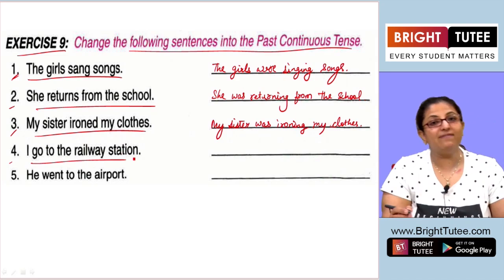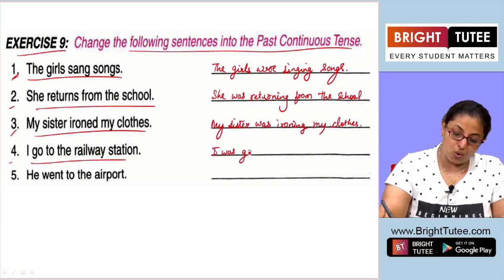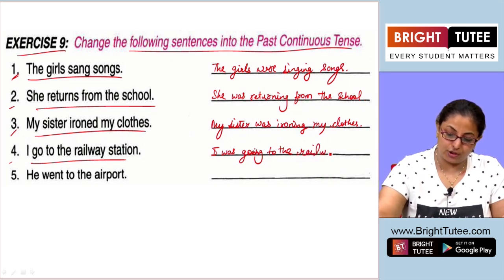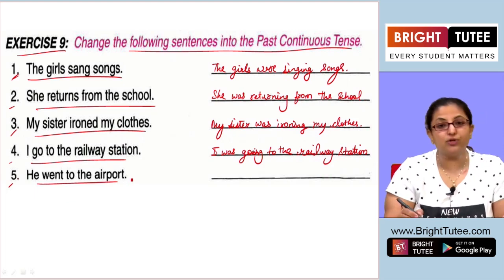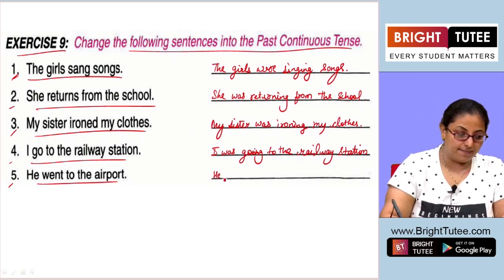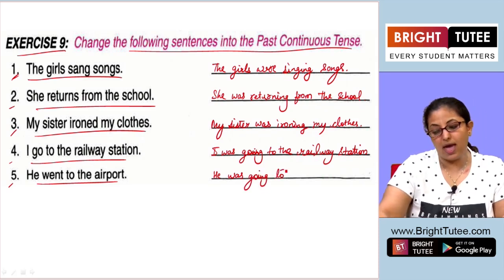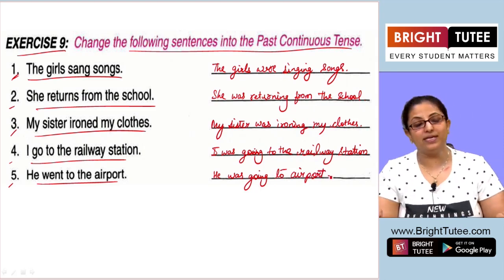I go to the railway station. I was going to the railway station. Alright? And the last one, he went to the airport. He was going to the airport. These are all past continuous tense.